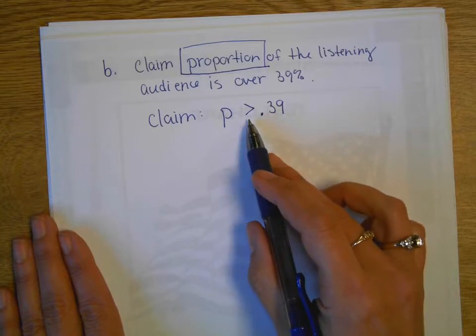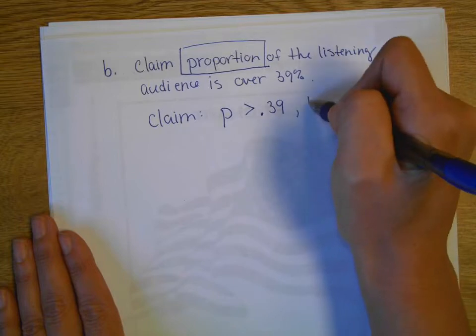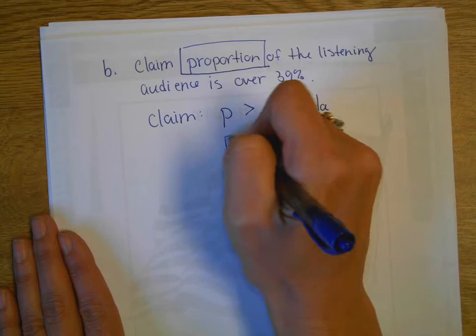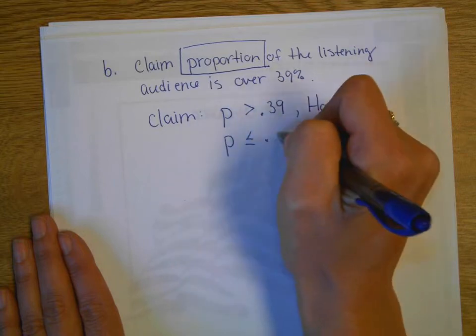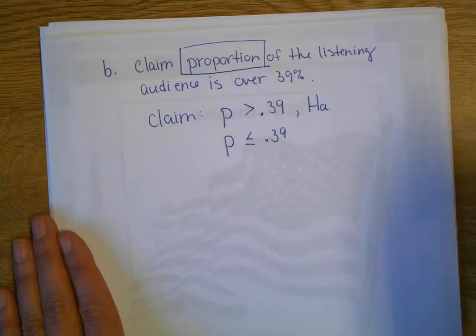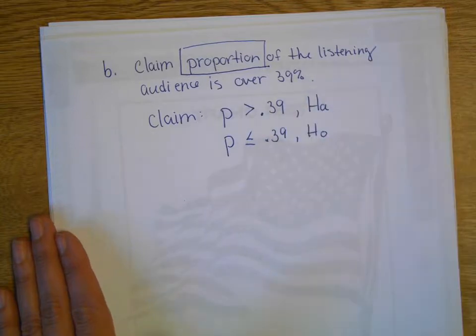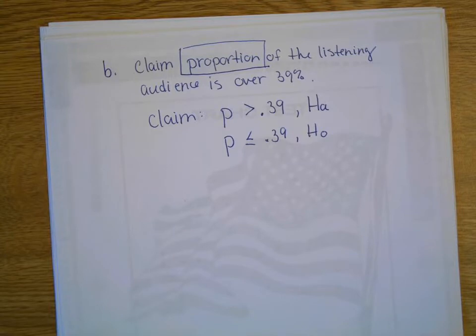Ha, the alternative. You agree that that's the Ha? Yeah. Okay, what's the corresponding null? Less than or equal to.